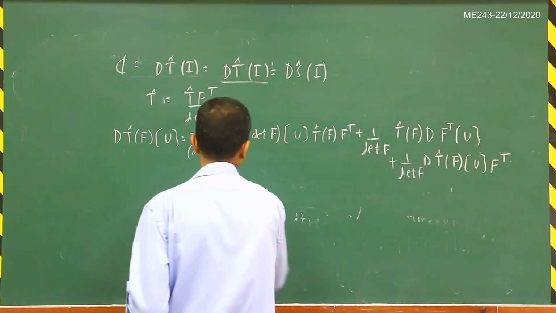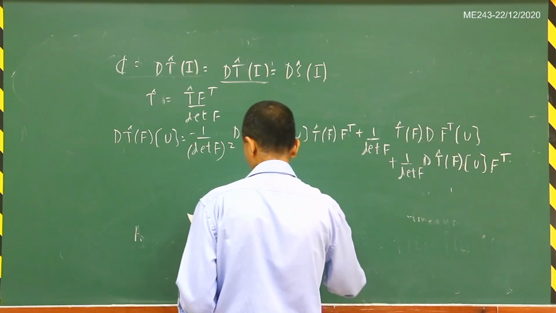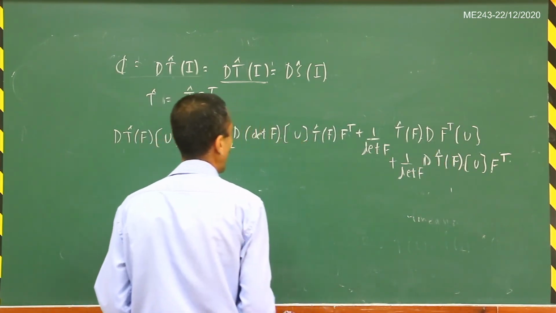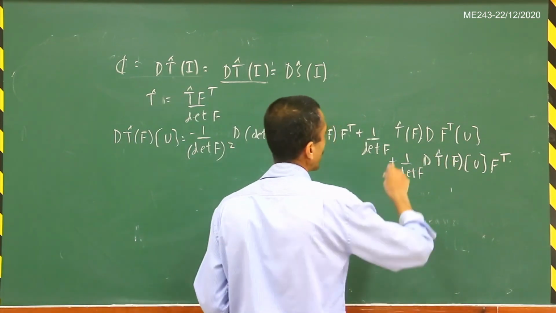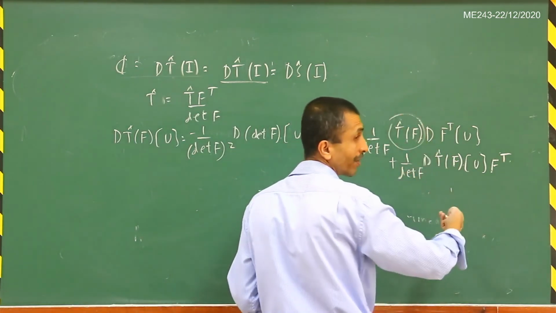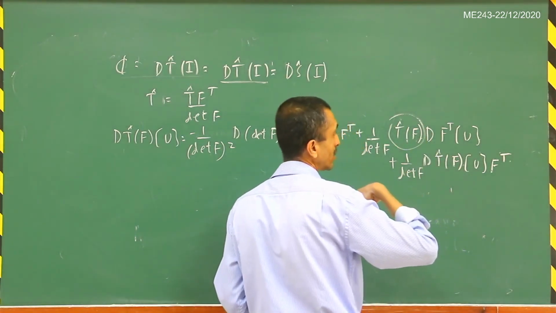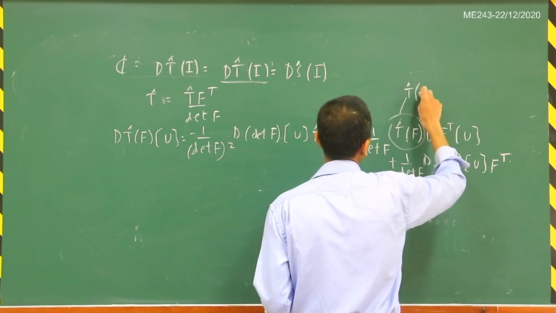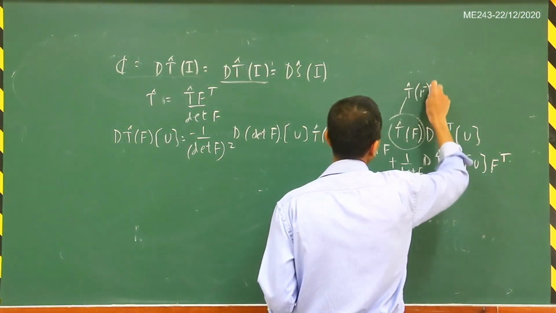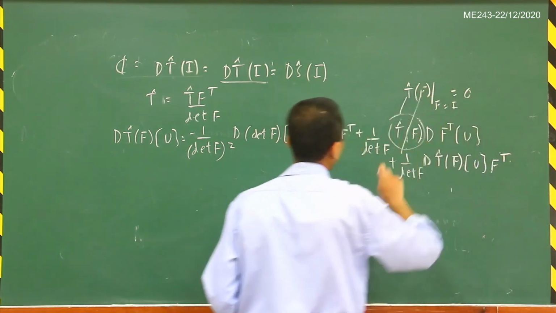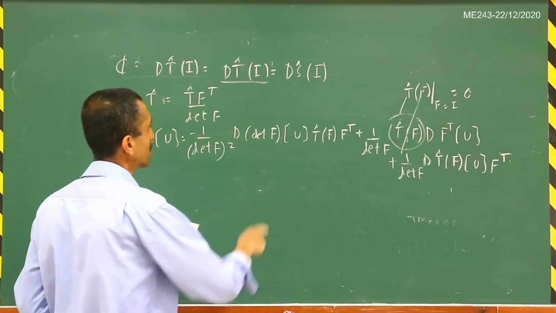And we have to evaluate all of this at F equal to identity. So when you evaluate, this t hat of F at identity is 0, because we have assumed that the residual stress is 0. So t hat evaluated at F equal to identity is equal to 0. So this term will go away. Similarly, this term will also go away.